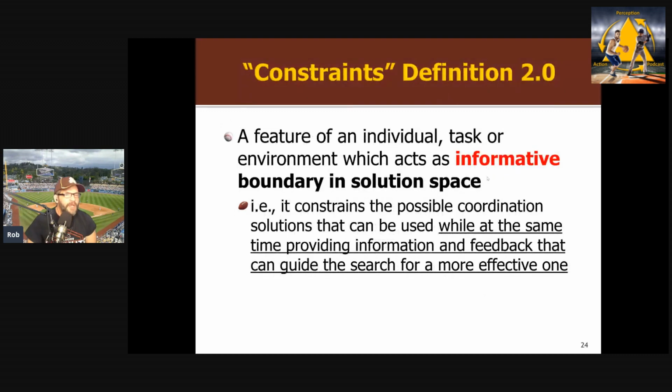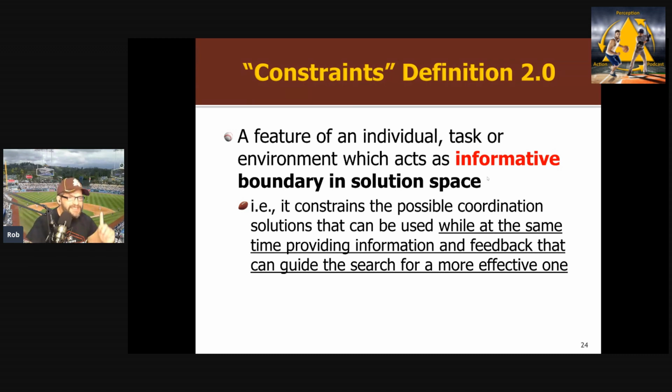Okay. So building all this together with the four criteria of the constraint set approach, here's my redefinition of what a constraint is. And this is the one that I like to use. So this is 2.0. We had the basic one. Now we've basically just added one word. A constraint is a feature of an individual, task or environment which acts as an informative boundary in solution space, right?